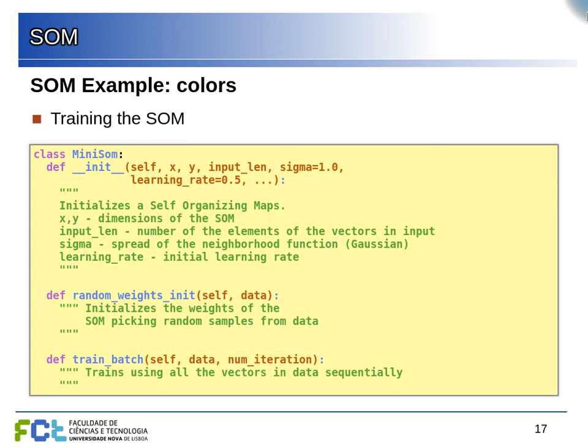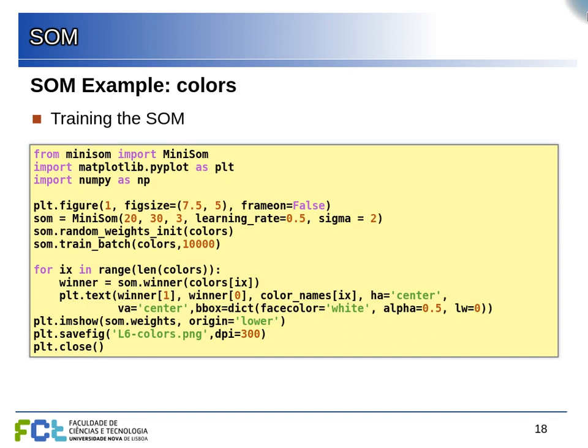So in this case, this is MiniSom, which initializes the network with the dimensions that we give it, and then sets up the neurons with random weights and trains a number of batches with our data set. So we can do this easily by creating the matrix with 20 by 30 neurons in our grid. We have a depth of 3 because each neuron will have 3 coefficients corresponding to red, green, and blue in the space of the colors.